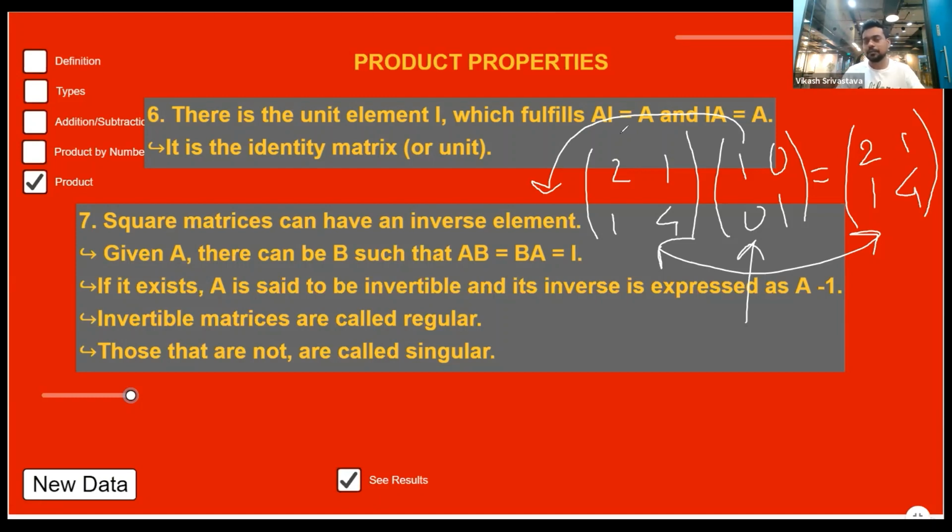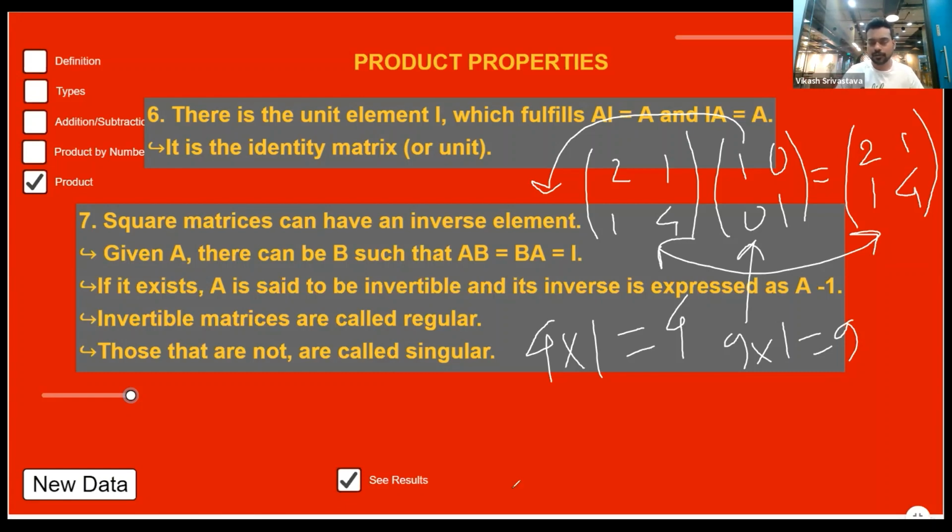It's equivalent to multiplying any number with 1. So 4 into 1 is 4, 9 into 1 is 9, right? Whenever you multiply any number with 1, it does not change that number at all. So here also, if we multiply any matrix with the identity matrix, that matrix will remain unchanged.